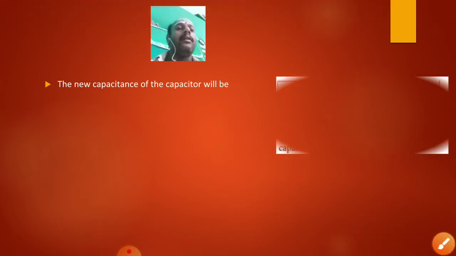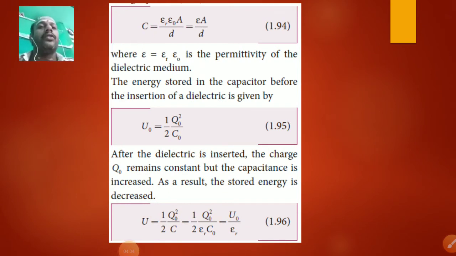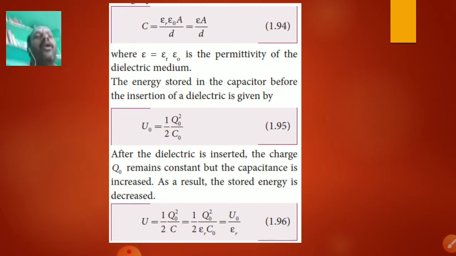Now this is the elaborate explanation of what is going to happen to the energy.